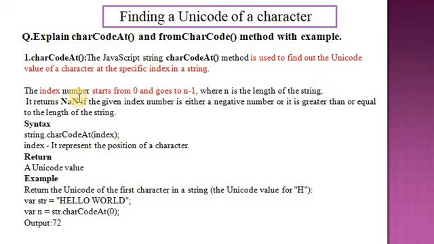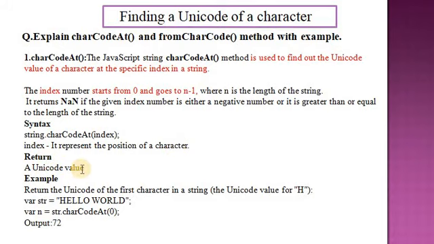It returns NaN, meaning not a number, if the given index number is either a negative number or greater than or equal to the length of the string. Here is the syntax of the charCodeAt method: string.charCodeAt(index), where index represents the position of that character.